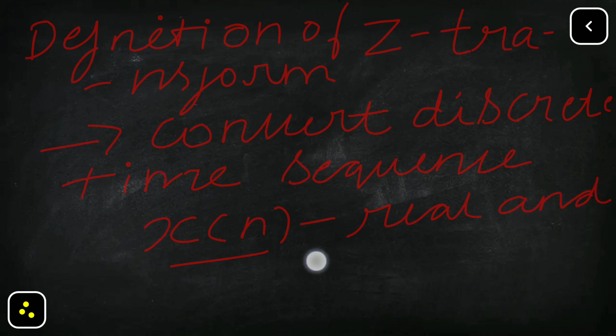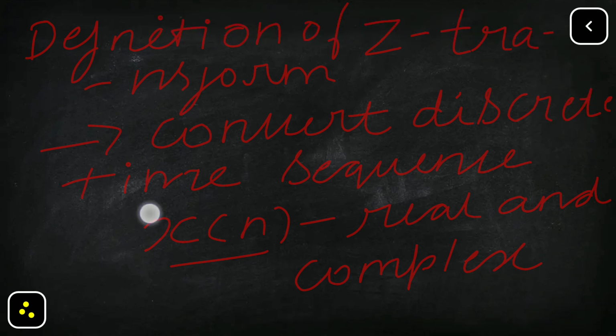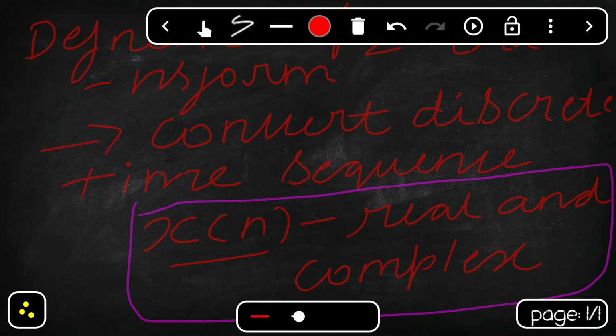So please do read it and understand. I'll read it once again. It will convert a discrete time sequence, that is your x of n. This is really important, and it is consisting of the real and complex numbers. So it will convert that into what?